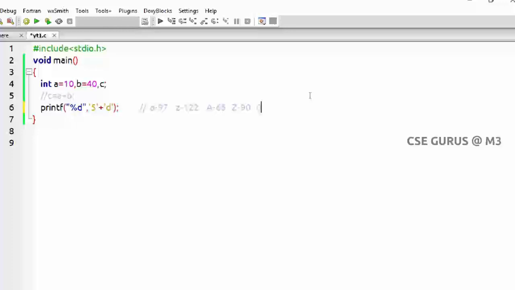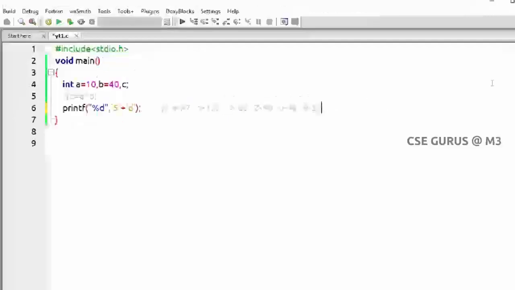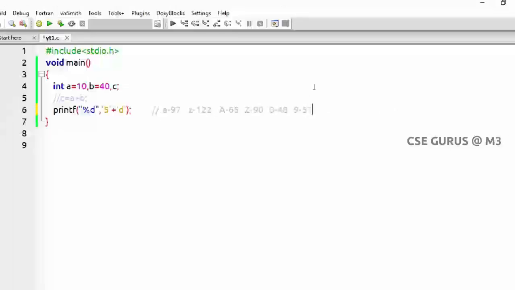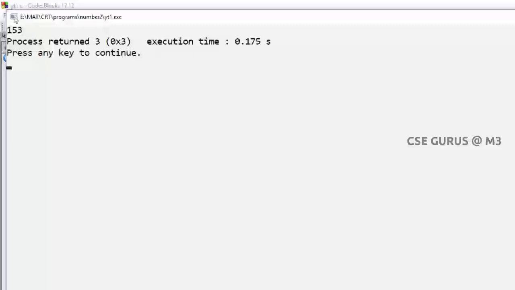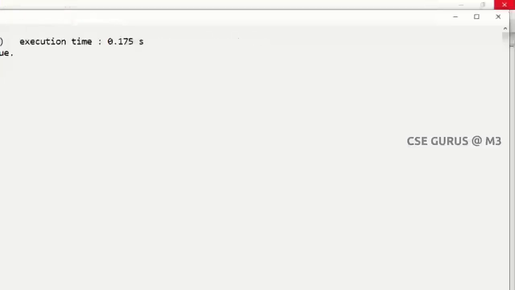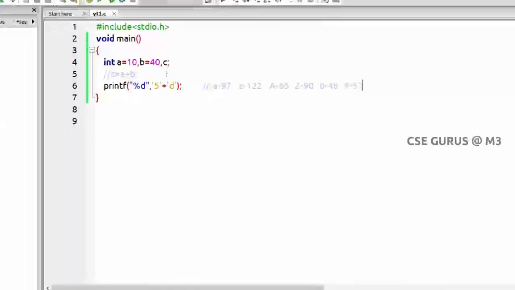For 0 it is 48, and up to 9 it is 57. So for 5 what is the value? 0 is 48, 1 is 49, 2 is 50, 3 is 51, 4 is 52, 5 is 53. So 53 plus 100 is 153. You can see the output 153.